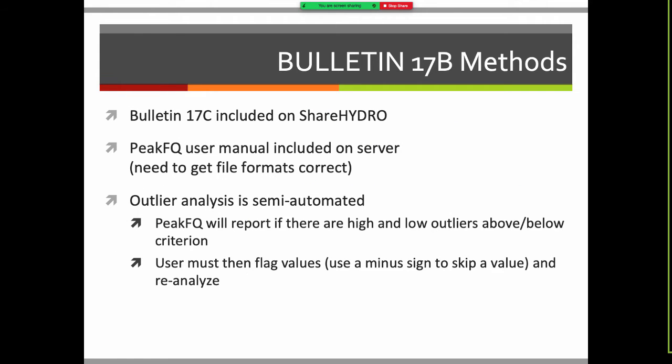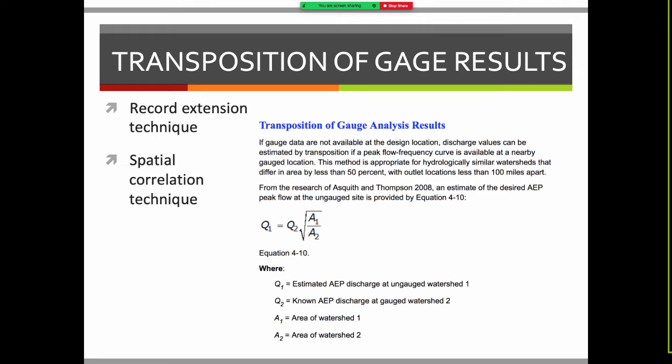We went through this, and here's the transposition. Transposing is actually a very simple idea. It says a discharge at an ungauged watershed can be correlated to the discharge at a gauged watershed, presumably nearby, same hemisphere, same state, same planet, multiplied by the square root of the area ratio between the two gauges.